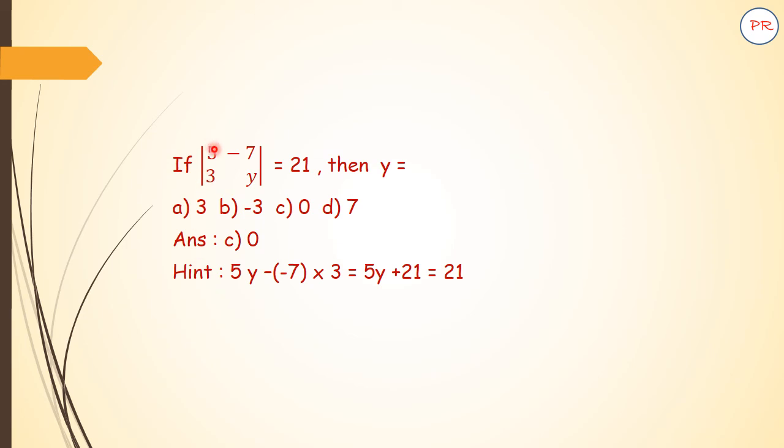We have to go for cross multiplication: 5 into y minus of minus 7 into 3. Therefore, it becomes 5y plus 21 is equal to 21. Therefore, 5y is equal to 0 and therefore y is equal to 0, and hence answer C 0 is the correct answer.